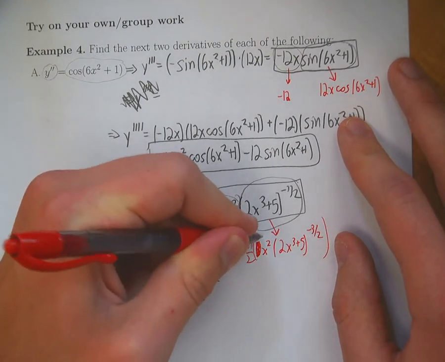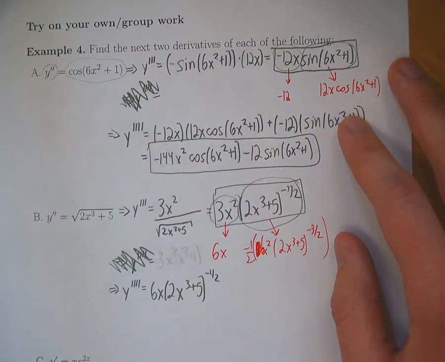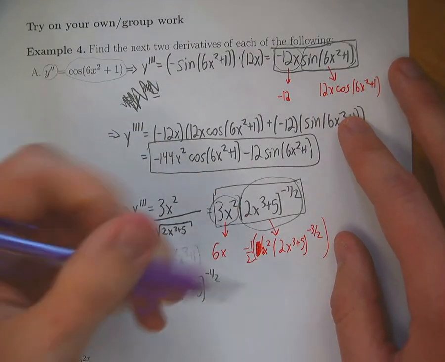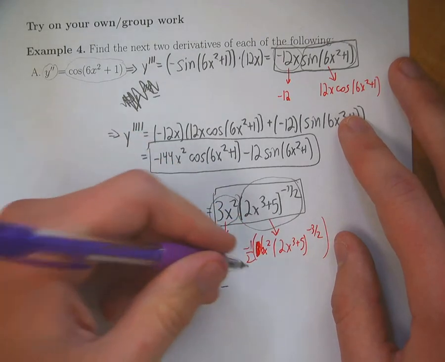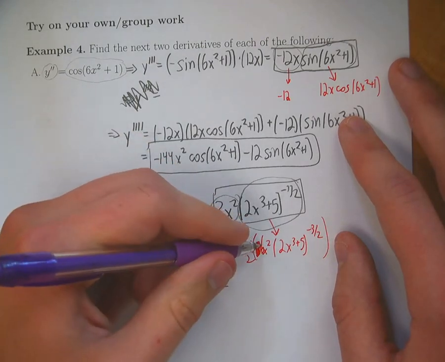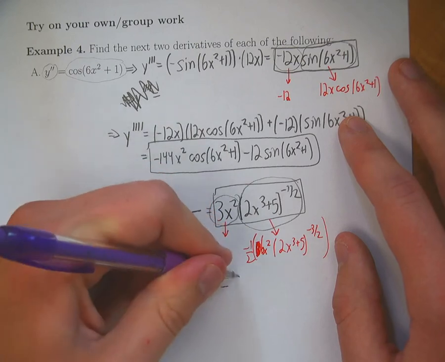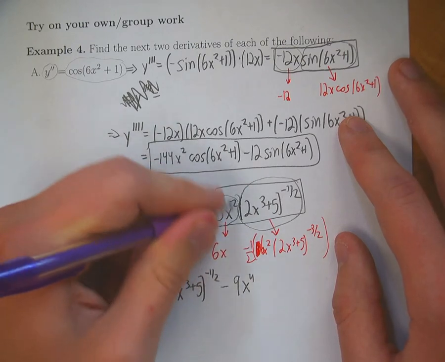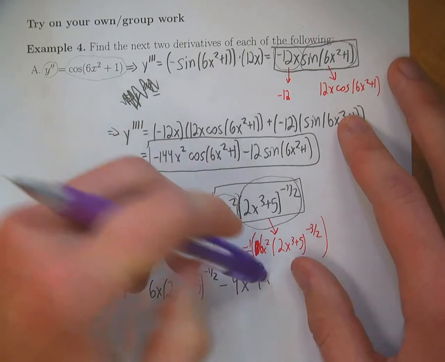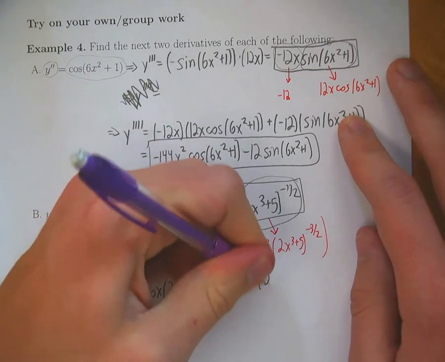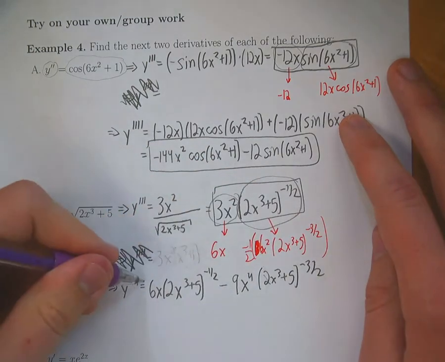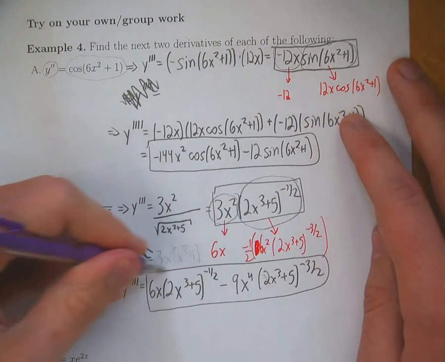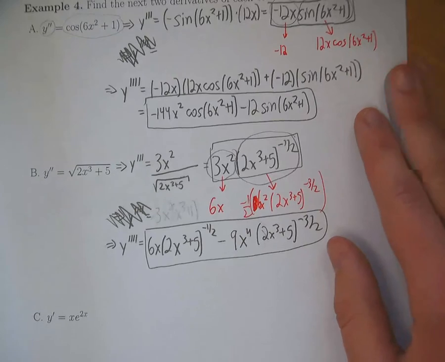Okay, gotcha. That makes a lot more sense. So in this case, this will be negative 1/2 times 6, so you should have negative 3x squared, so that would be minus 9x to the fourth if you multiply it with this. And then 2x cubed plus 5 to the negative 3 halves. Okay? And that would be your fourth derivative.